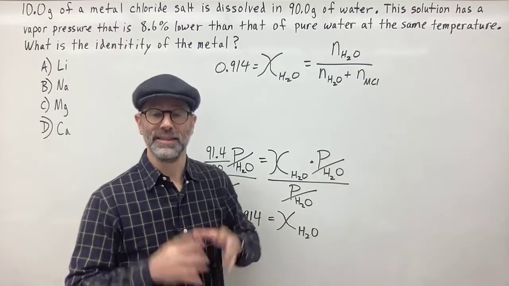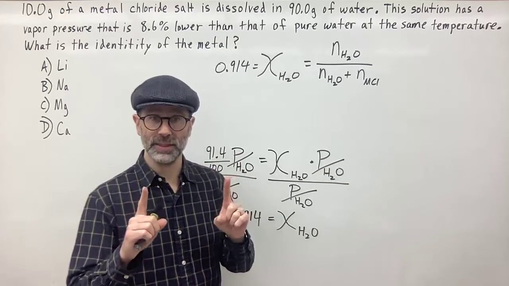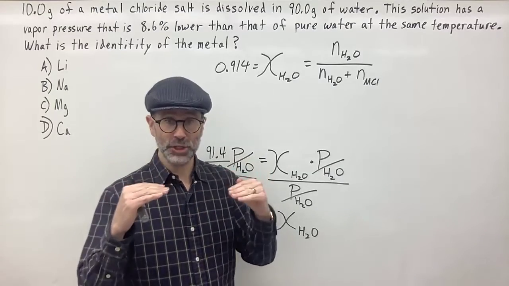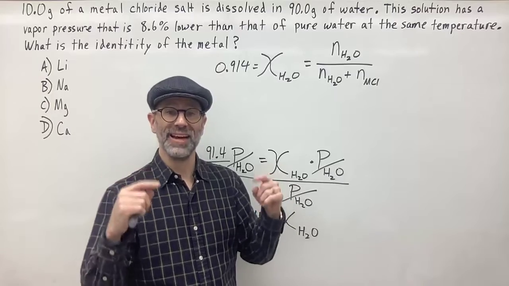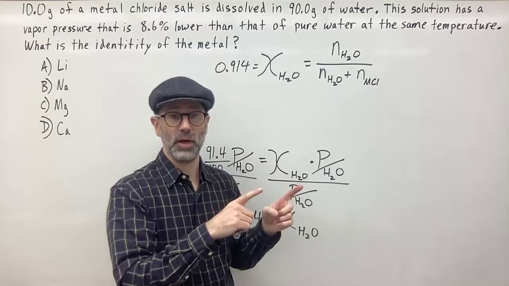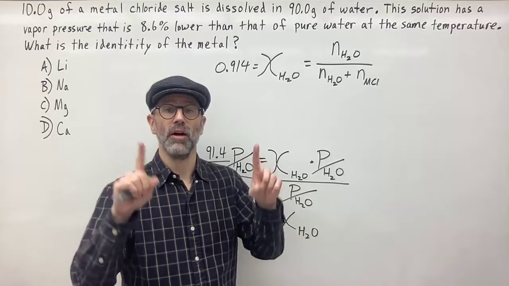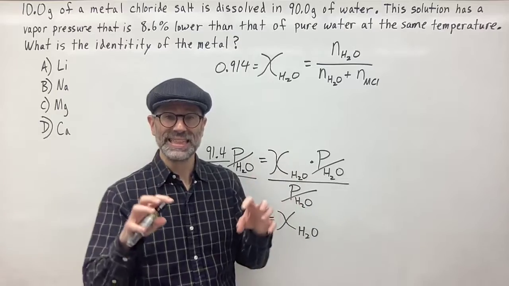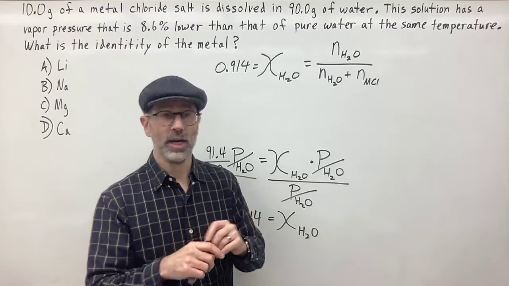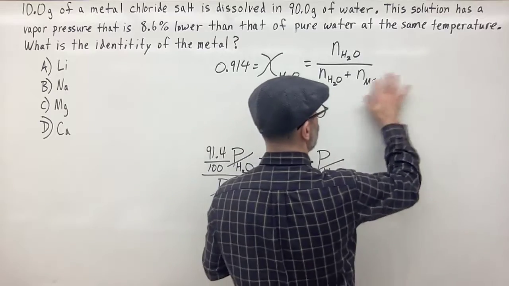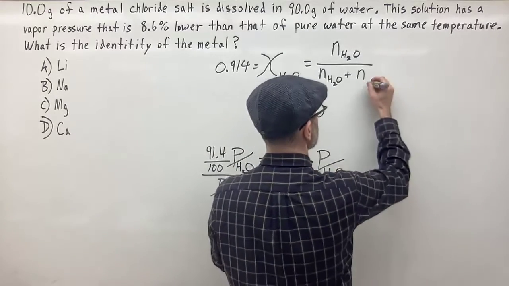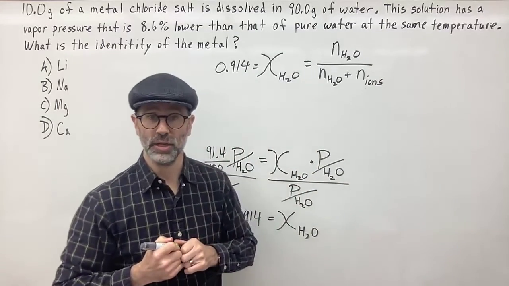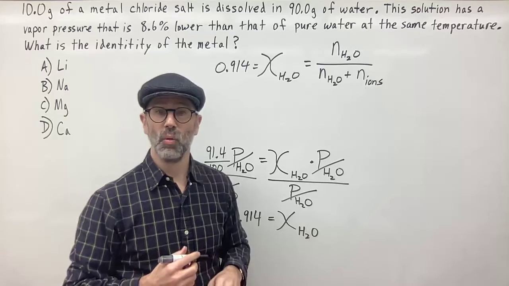So remember, and this is key, I think a lot of people forget about this and then they don't get the right answer, the vapor pressure lowering is not due to moles of the metal chloride, it's due to the number of particles or the moles of all of the ions in the solution, right? So here, maybe this would be better as ions. The moles of all the ions in the solution plus the moles of water.